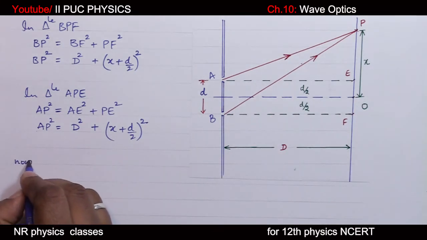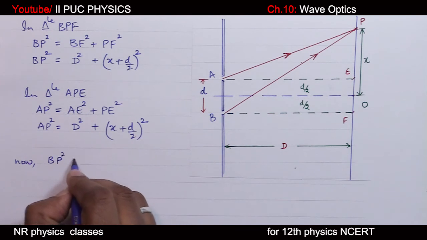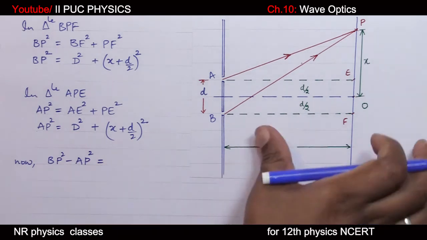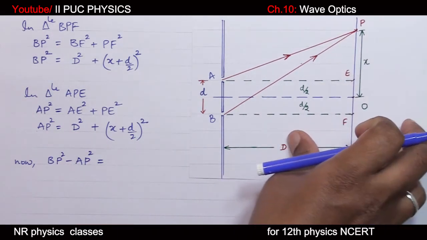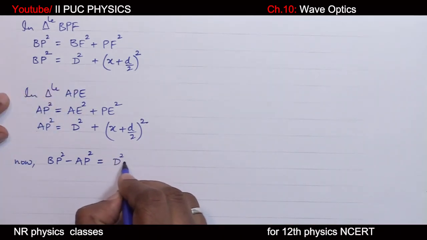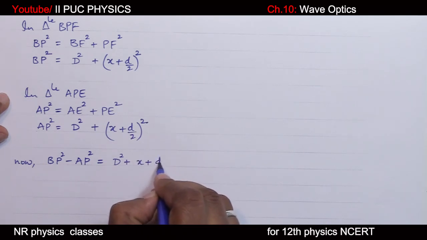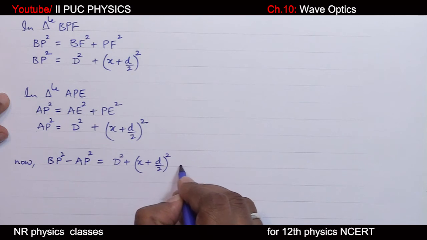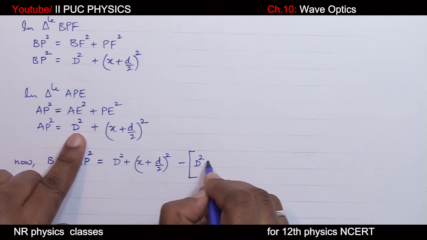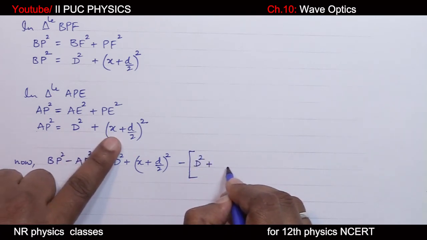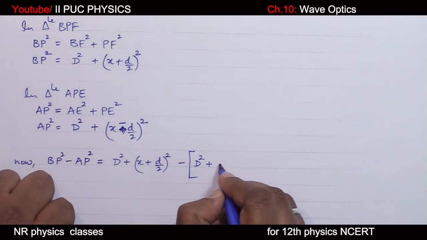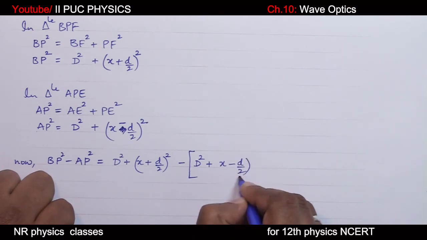So that's why let me consider BP square minus AP square. BP square is D square plus x plus d by 2 whole square, minus square bracket D square plus, this is minus, isn't it, x minus d by 2 whole square.